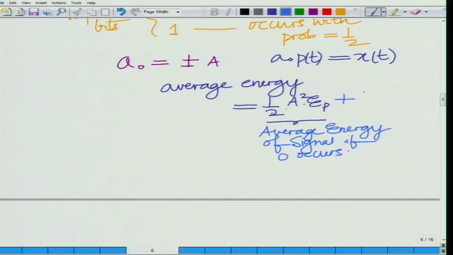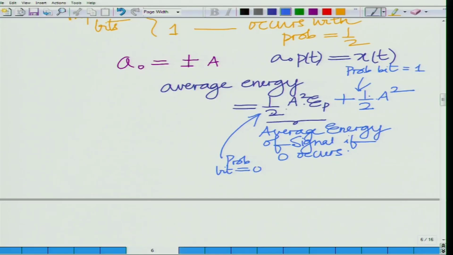Plus again, for 1 we are transmitting minus A times P t. So, average energy is half A square, where this half is the probability that the bit equals 0, and this half is the probability that the bit equals 1.